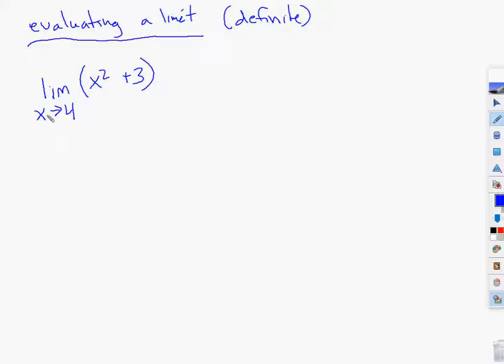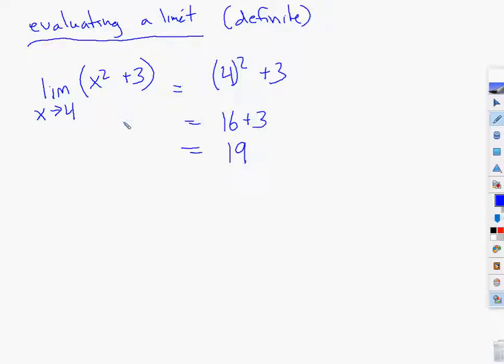Even though x is not ever actually going to reach 4, to evaluate this definite limit, I'm going to go ahead and put 4 into the function. So I get 4 squared plus 3, which equals 16 plus 3, which is 19. Now let's think about what I'm saying.